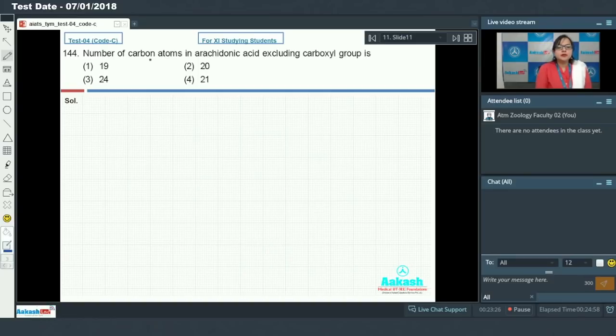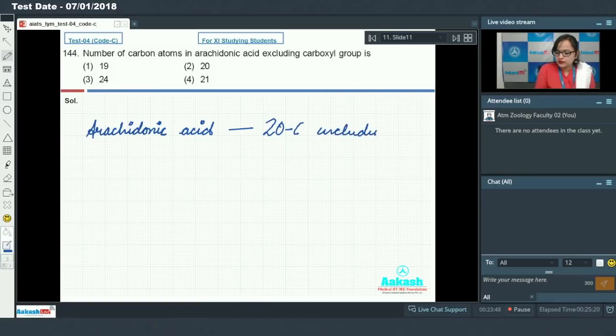Question 144 says number of carbon atoms in arachidonic acid excluding carboxyl group is. So you all know that arachidonic acid has 20 carbons including the carboxyl group carbon.